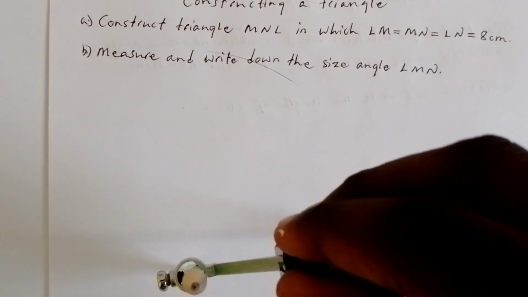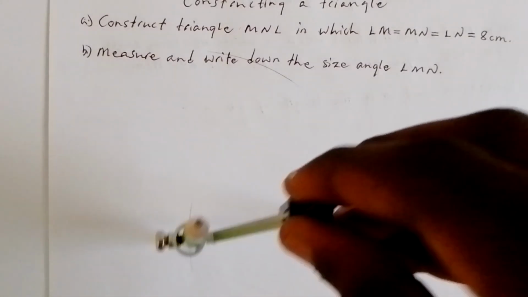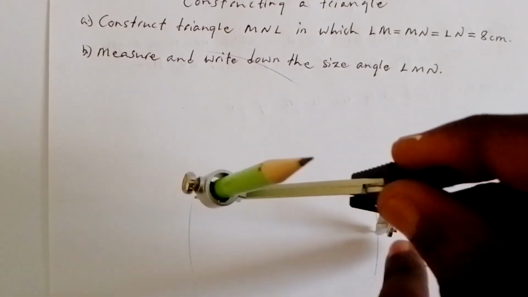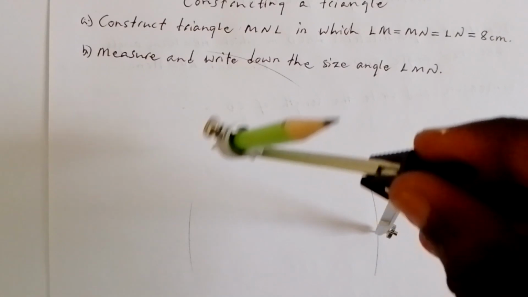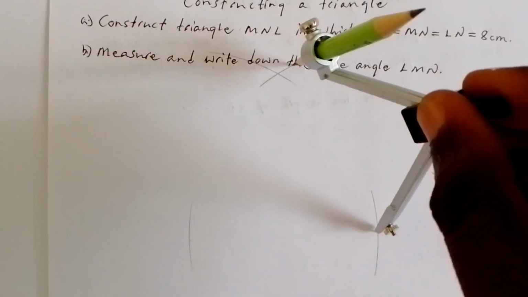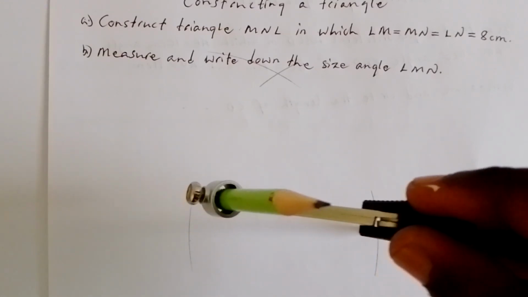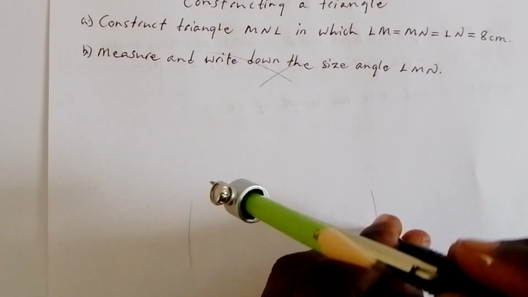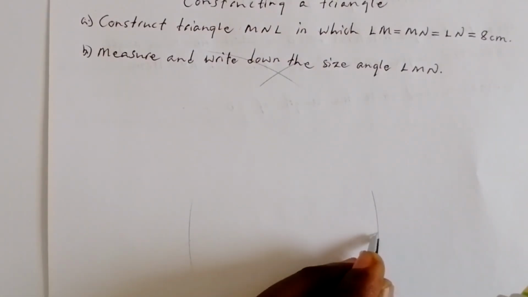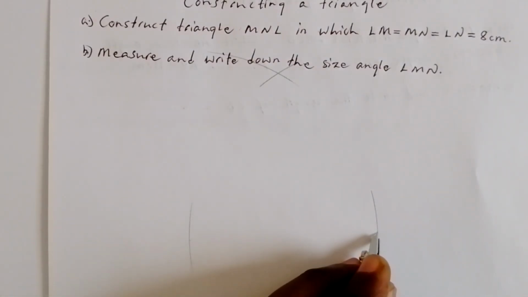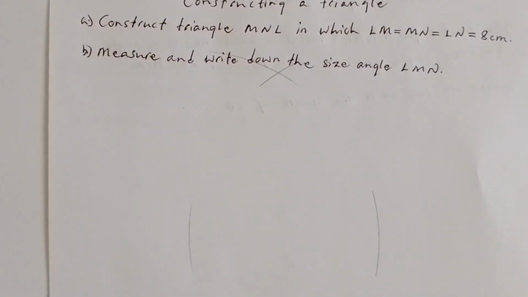Then I do the same thing here. Okay, so the distance from here up to there is 8 centimeters. Then I also cut there. Okay, so then I should have not forgotten where I've inserted this. I had inserted this line here as well as there.